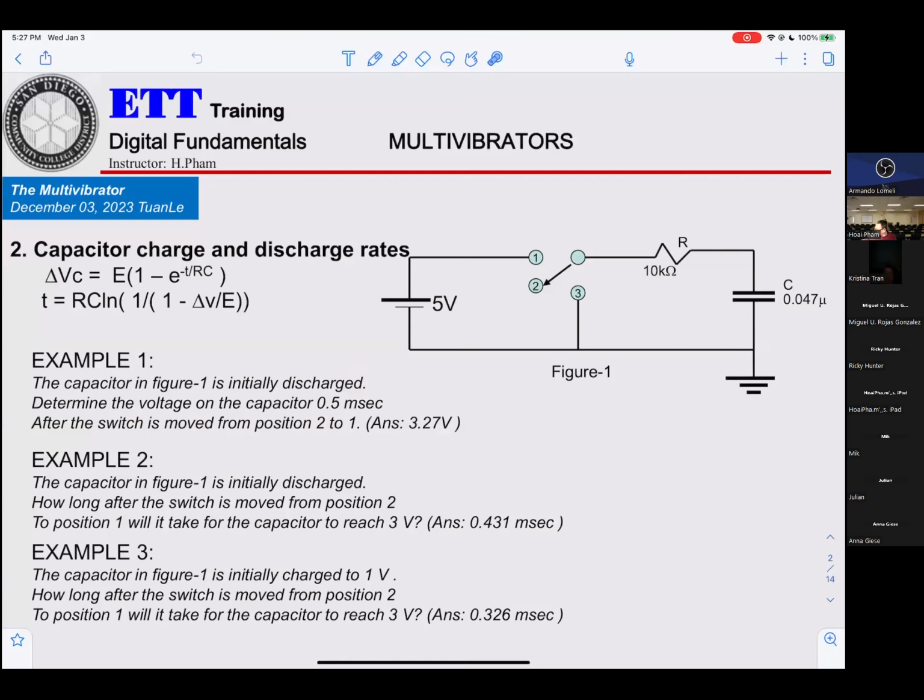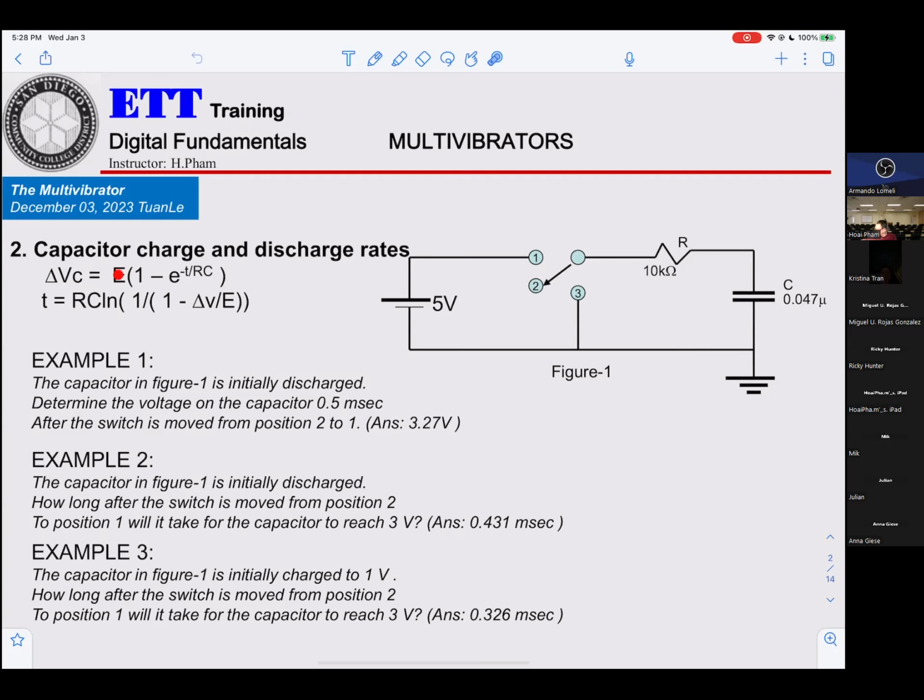That means moving from number 2 to 1, so the current will go through the 10 kilo ohm resistor, charging the capacitor. And they want to know delta VC, so this is the formula you have to apply.